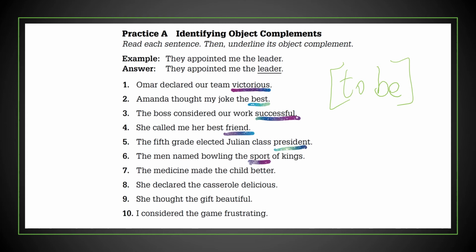So sport. Number 7, the medicine made the child better, to be better. So better. Number 8, she declared the casserole delicious. And number 9, she thought the gift beautiful. And finally, number 10, I considered the game frustrating, or to be frustrating.